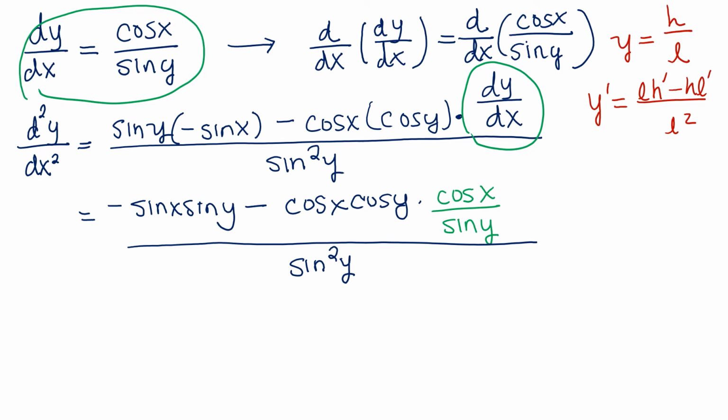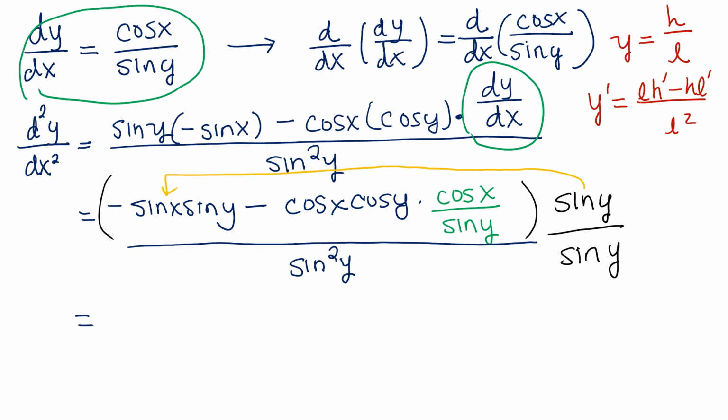We need to algebraically multiply out that sine y. A quick way to do that is to multiply the numerator and the denominator both by sine y. Distributing, we're going to take the sine y and multiply it to minus sine x sine y. That would give us minus sine x sine squared y, and then distribute that sine y to the second term.